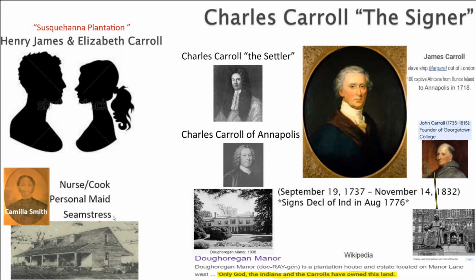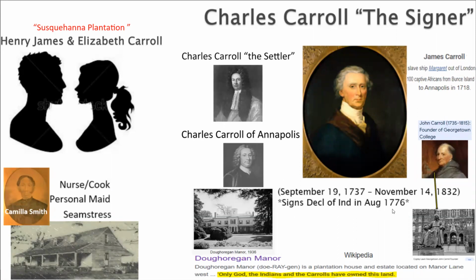If the Carroll name is familiar to any of you, it's because this was a powerful Catholic family that has tentacles all over Maryland, at least, perhaps even in other areas beyond Maryland. But the most famous of them would be Charles Carroll, the signer. He's called the signer because he was one of about 50 or so who actually signed the Declaration of Independence.